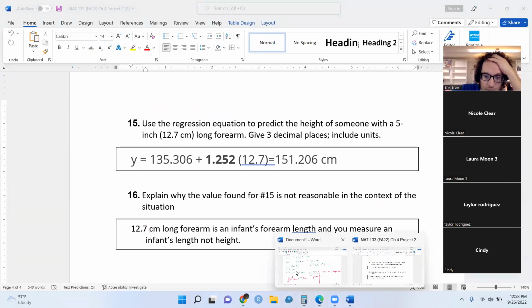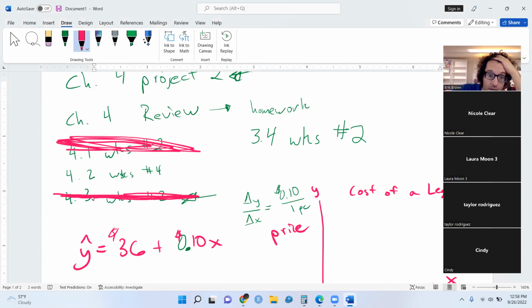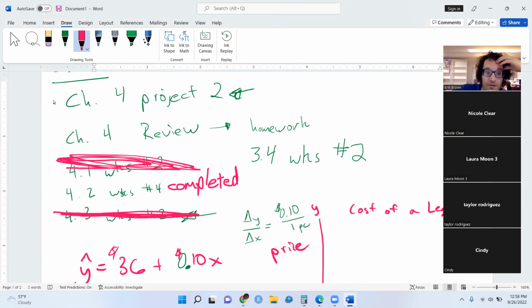And I know you do not need to turn this one in at all. I'm also saying, let's get rid of the 4.3 worksheet for now. If, when we look at the chapter 4 review together, this one's done, completed. If it feels like you still need more practice, we'll bring the 4.3 worksheet back and work on it. So for now, I want to see you finish the chapter 4 project 2, which we've done all the answers together here.